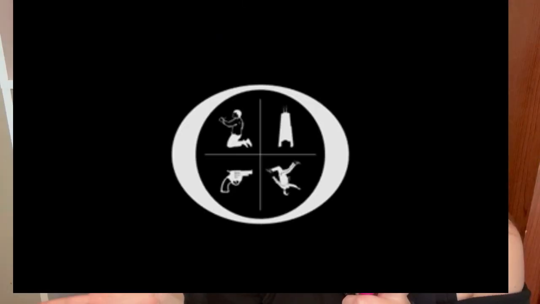So the Z signifies Marty on his knees begging for his life. The A is the Hancock Tower in Chicago, and that kind of solidifies the setting of Chicago. And the R is a gun, clearly. And the K is a man falling. And I will discuss who that man is and why he's plunging to the ground.